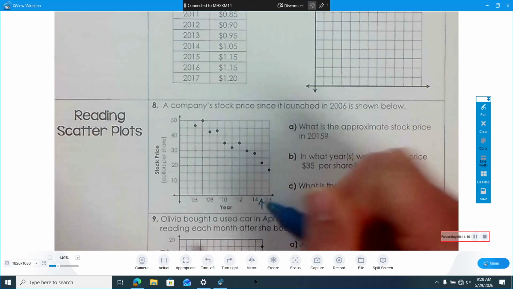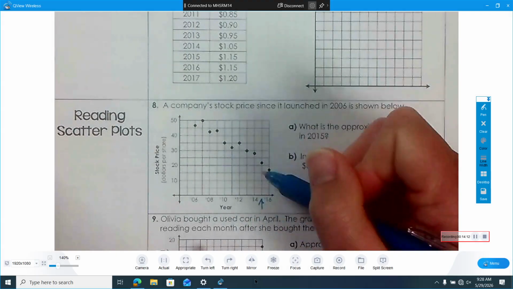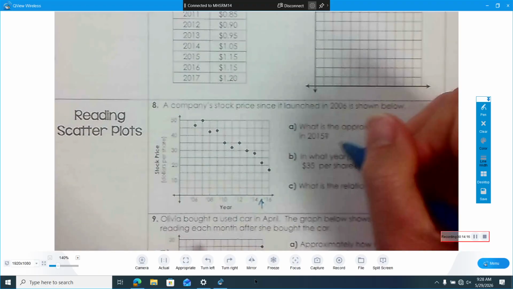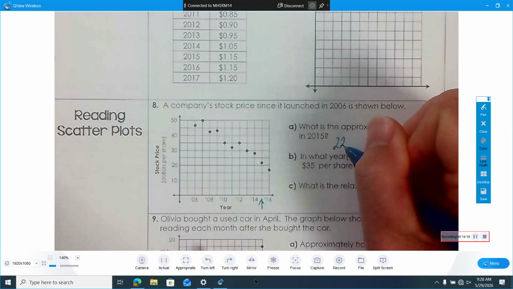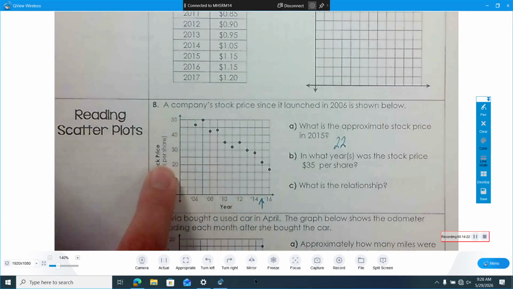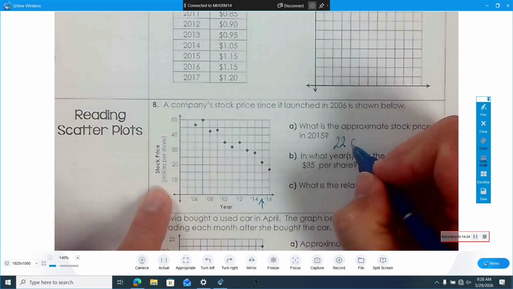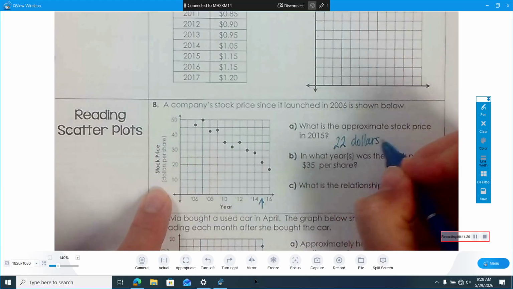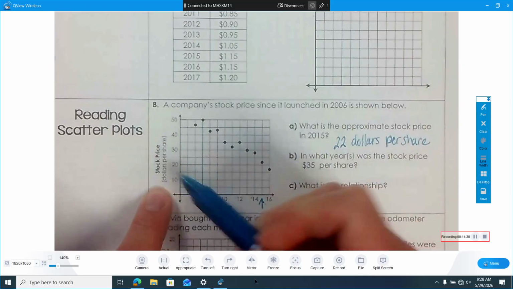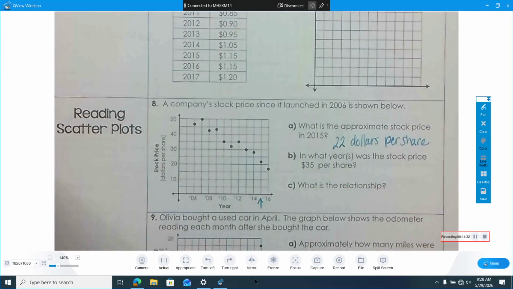Yeah, so 2015 is right here, and it looks like it's like 22 or 23. And what does that mean? Is it $22? Dollars per share. So you really want to read what it is talking about on your graph there.